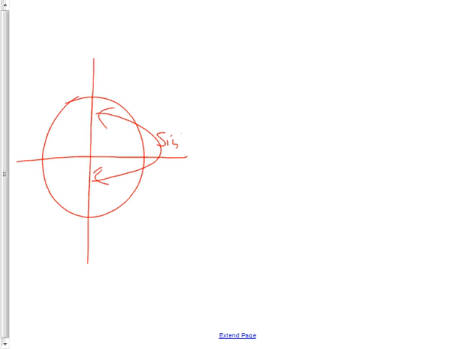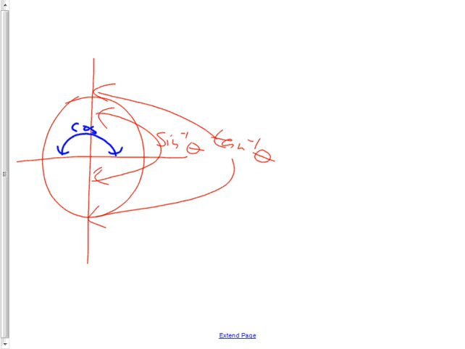Inverse sine is only allowed from here to here. You remember that deal? What's the other one that's just like it? Inverse tangent is only allowed from here to here. And then the last one is what goes from here to here? Inverse cos.